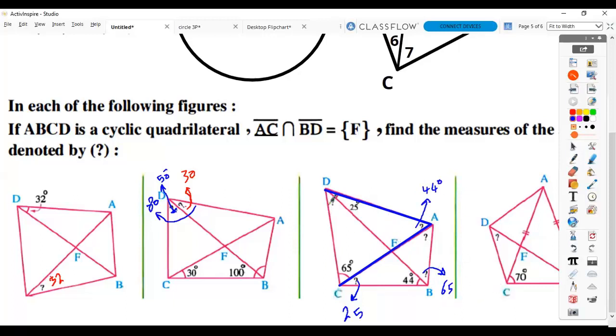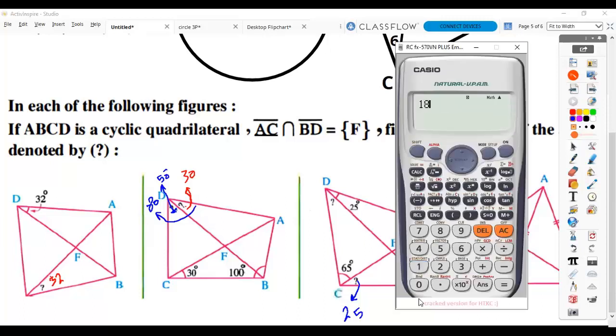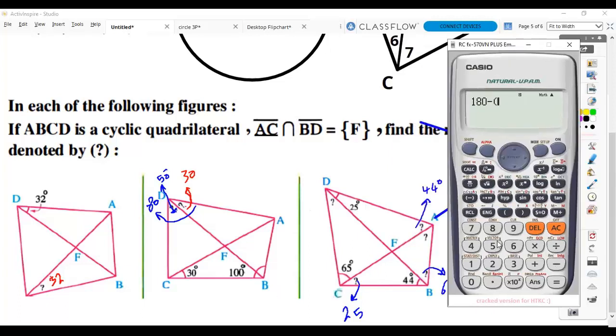And so on. And for this one, we'll get it from triangle DBC. In triangle DBC, the sum of the angles equals 180. So it is 180 minus all the other angles, which are 65 and 25 and 44.